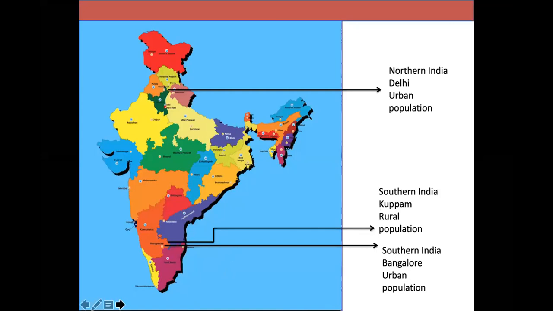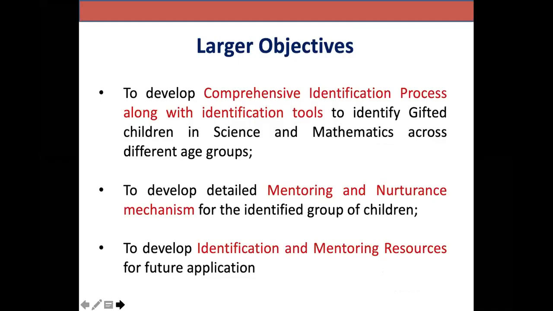There were 3 independent teams working in these 3 locations, and the target was to develop our own methods, tools and processes, and then see if we could bring some synergy to develop a comprehensive identification model with national appeal. We started from base zero.